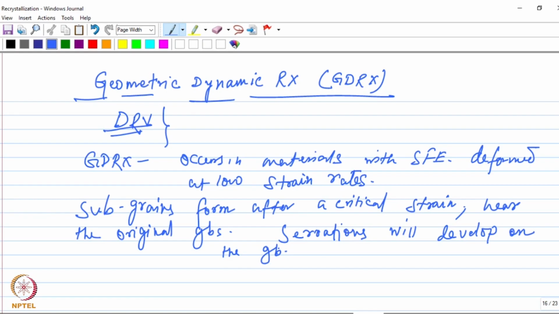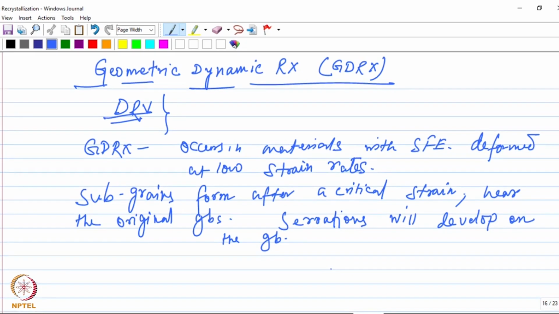So from there you can understand as to why it is called geometric, because how the grains will change their geometry as the deformation is continued after the serrations form, that would decide how the new grains will form. Okay, so in this case, as you deform the material and the serrations form, what could happen?